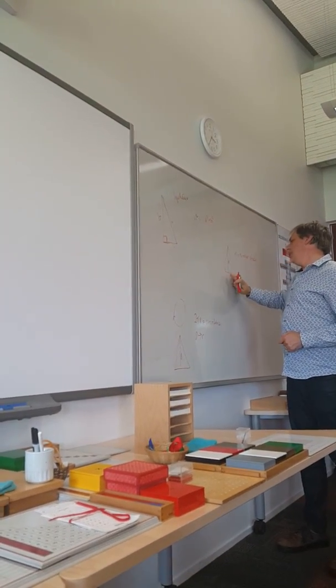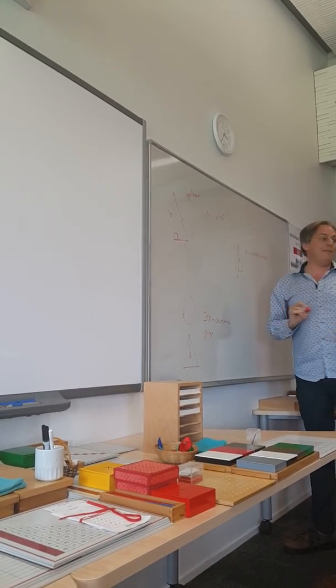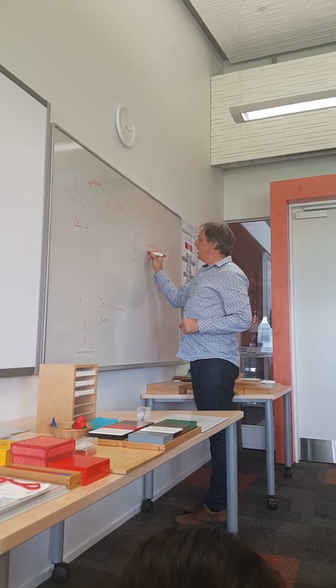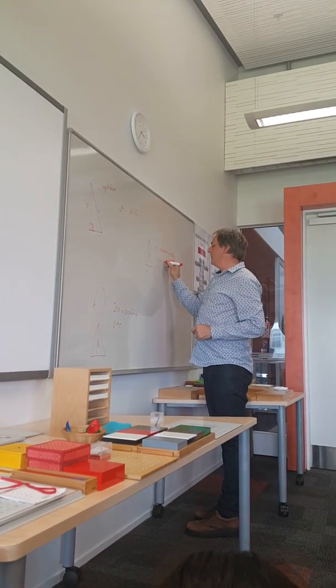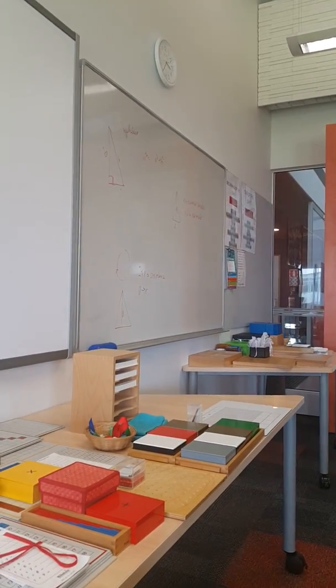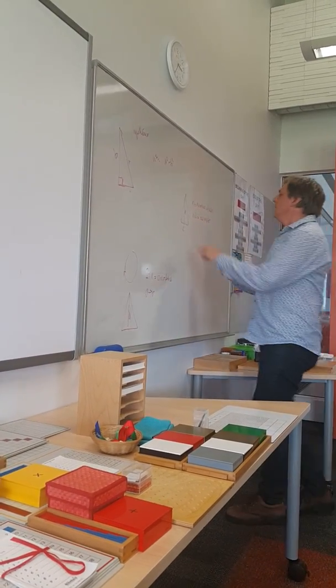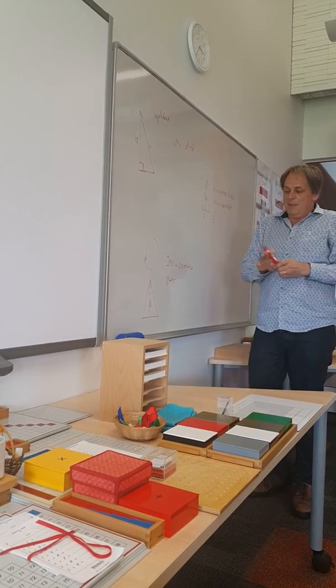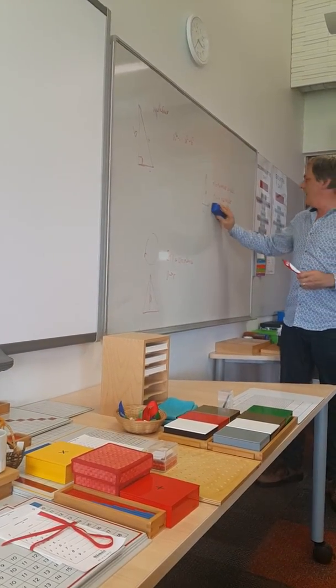I'll call this L, L for length. So n times L equals the perimeter, which is how long that is there. Half A, where A is the apothem. We've understood that A is the apothem, A is that height.